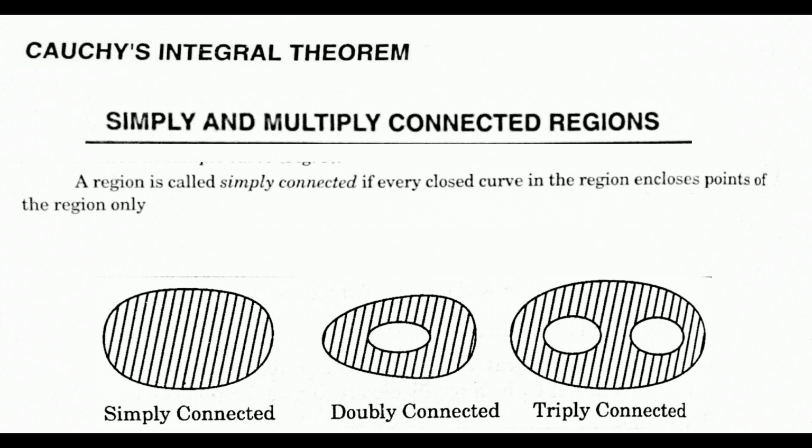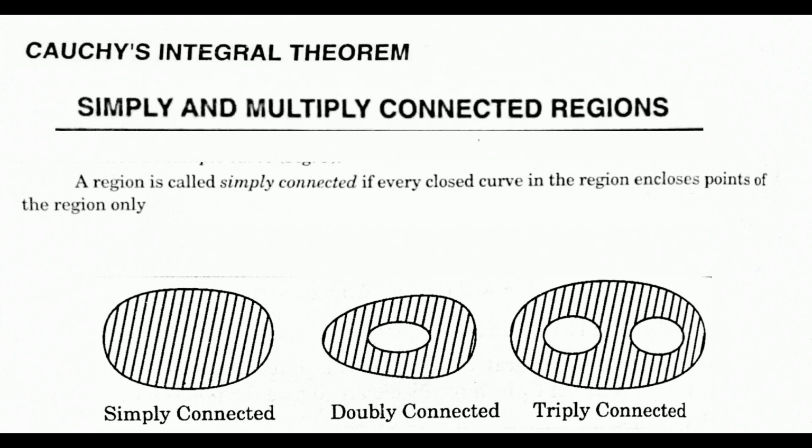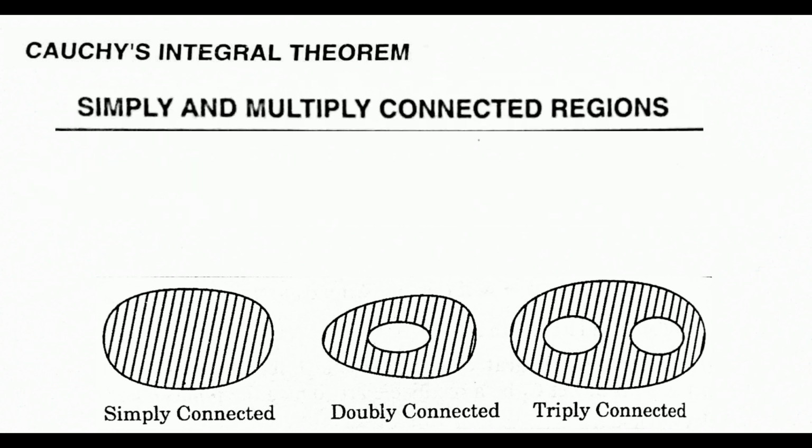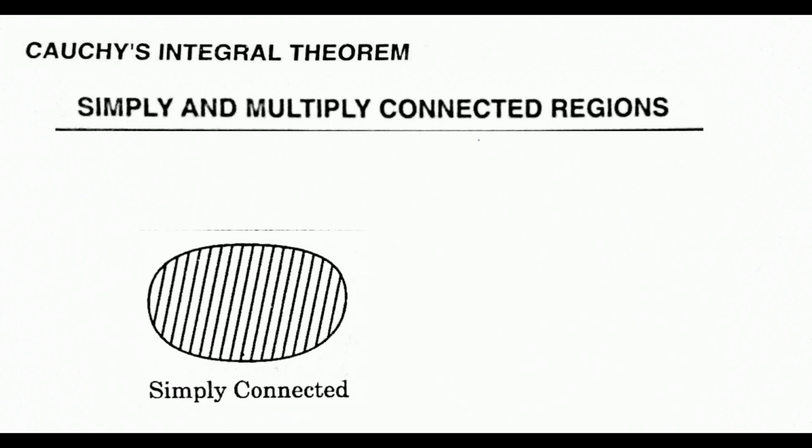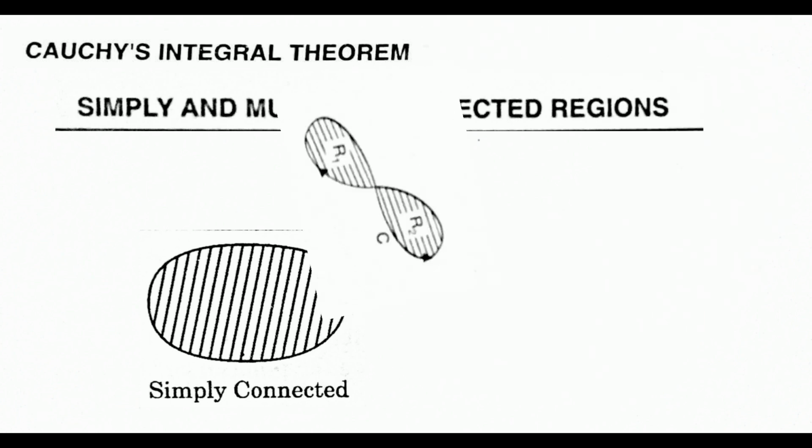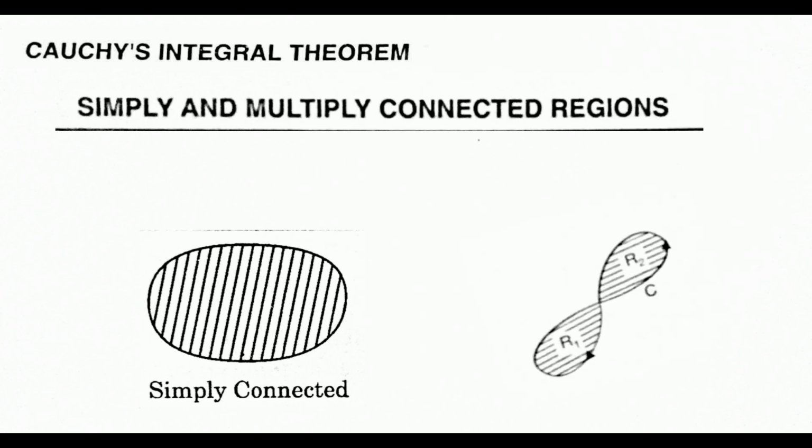Now the question: for how many is this definition digestible? Not at all. So for a layman, let me redefine it in a different way. I can say if the region has no holes and it doesn't cross itself, then it is called a simply connected region.